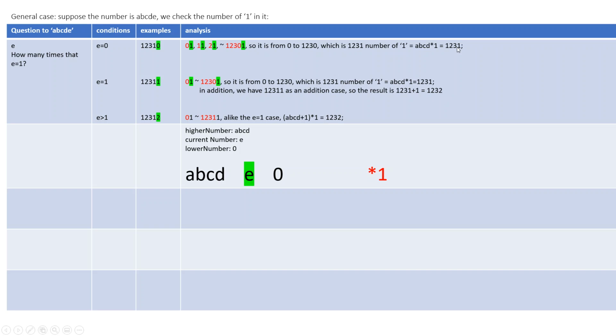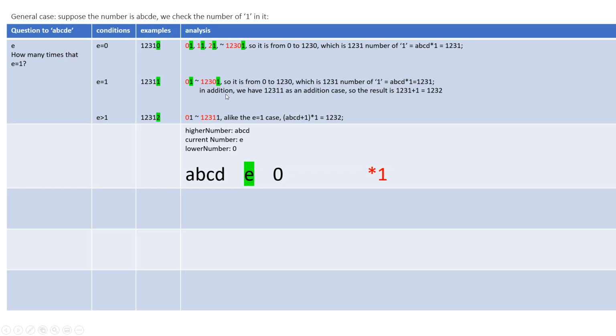So it's 1231. In addition, when E itself is 1, the numbers smaller than or equal to n will be like 1 to 11, 21, and finally 12301, from 0 to 1230. These are the red numbers, and it is again 1231 ones, which is ABCD times 1.